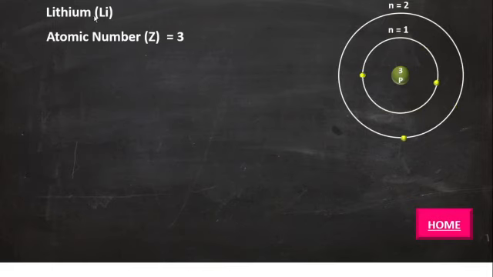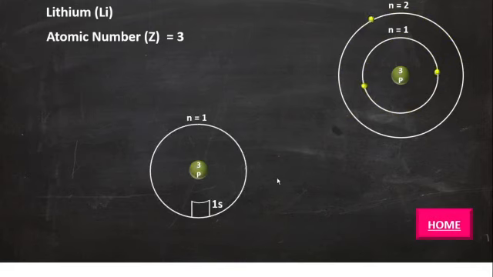So in case of lithium we have only 3 electrons. Now I am going to fill these 3 electrons in the various orbitals here. See here, first electron, and the second electron will pair up with the electron in the first orbital, 1s orbital.